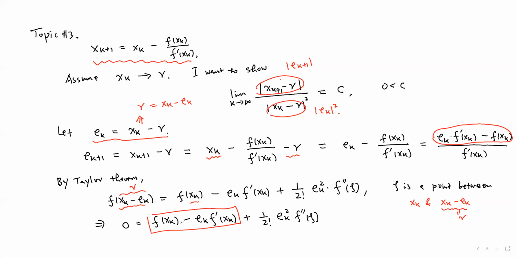Now let me move the first two terms to the left side. Then I get e_k f'(x_k) - f(x_k) is equal to 1 over 2 factorial e_k squared f''(psi).